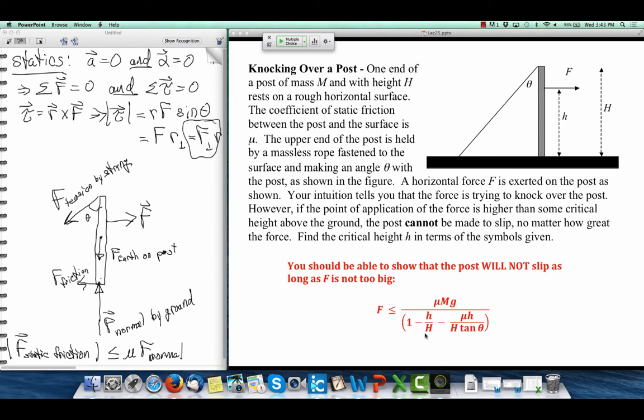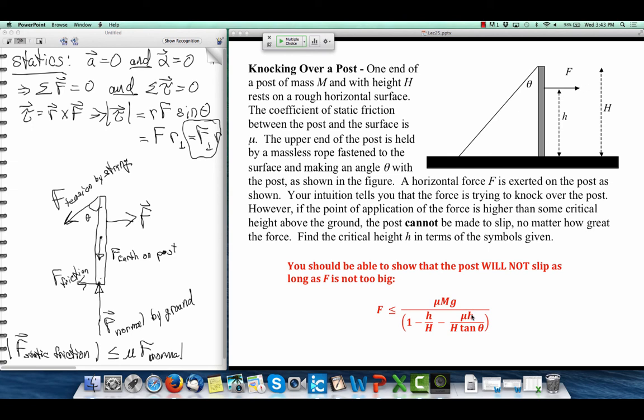Yeah. So the only thing is, as little h approaches big H, right? As little h approaches H, that's true that it's 1 minus 1. Yeah, but it's going to be true before then, because you're subtracting another part also, and this part depends on mu. But mu over tangent of theta is some fraction.